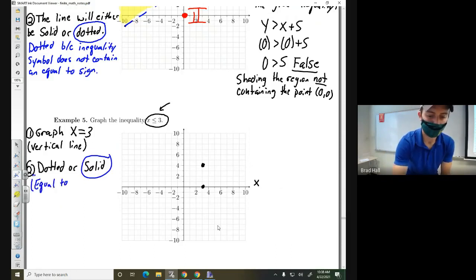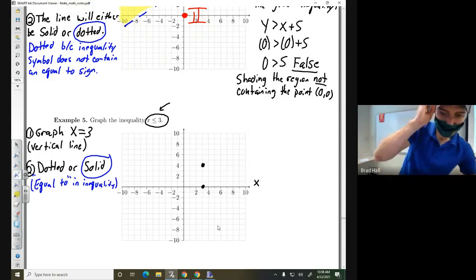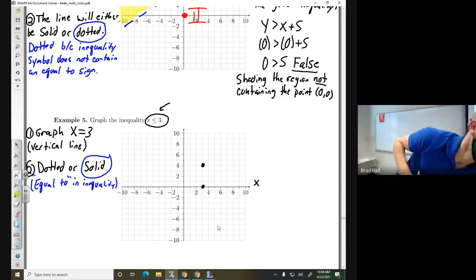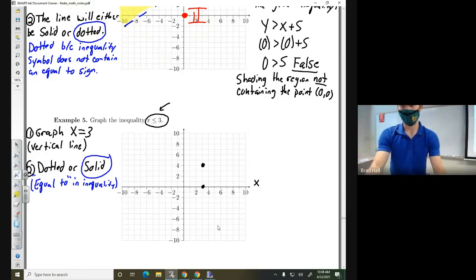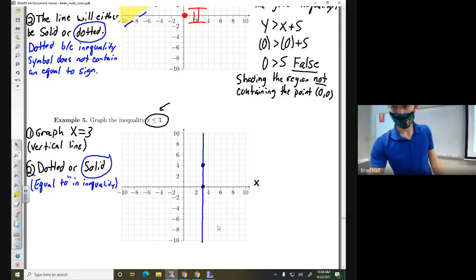We have an equal to in the inequality, which means we don't have to do a dotted line here. We can just draw one continuous solid line, something like that.